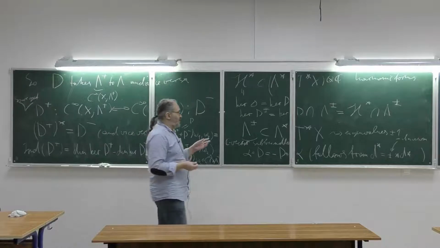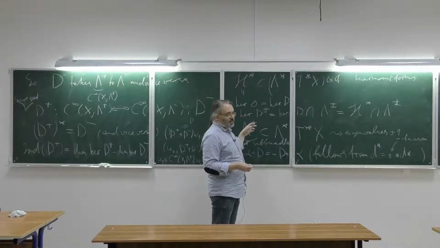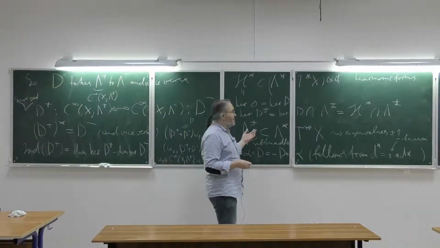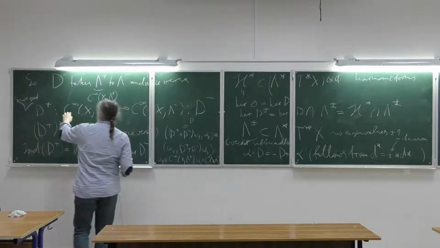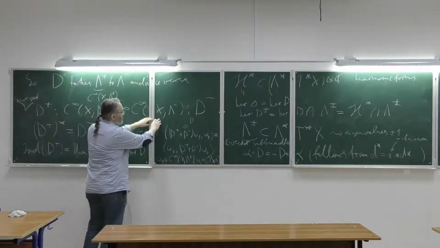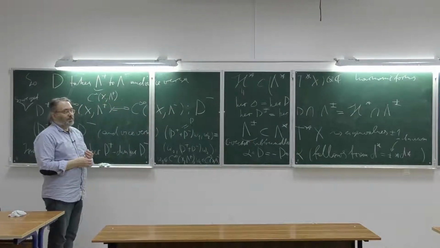Now, how do I define d plus? I take a section of lambda plus and apply d, and I get a section of lambda minus. And so I get an operator from here to here. No, we define d plus and d minus not like that.